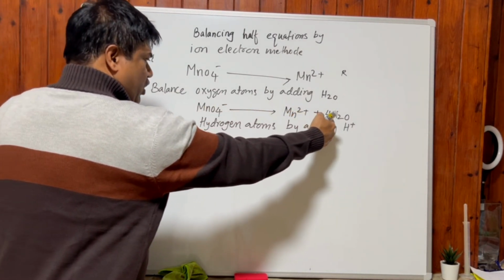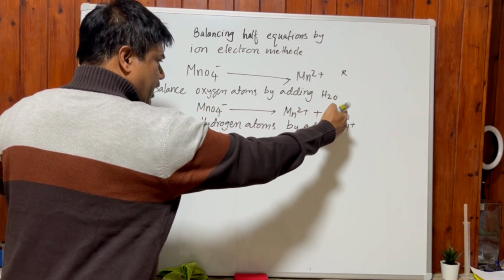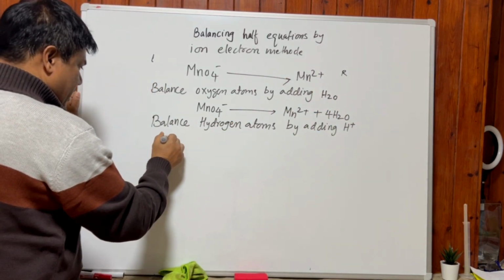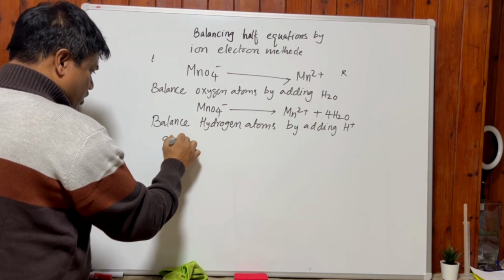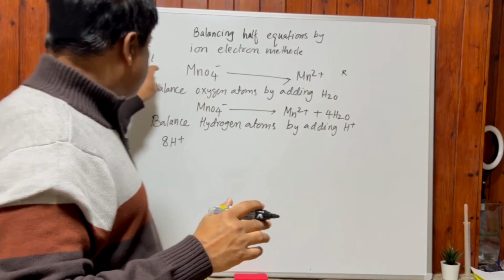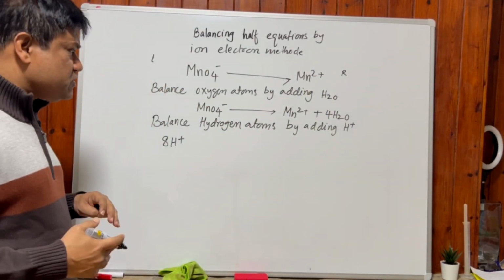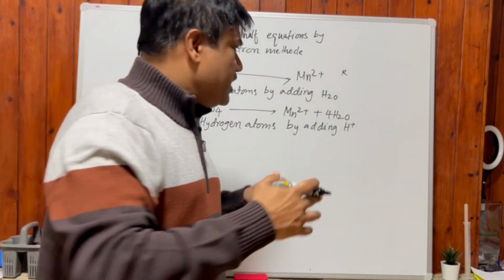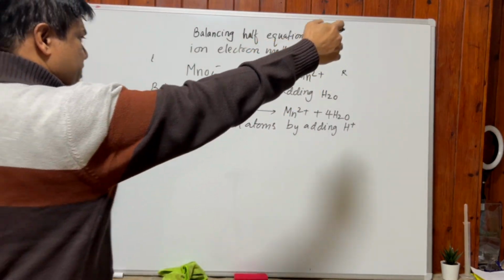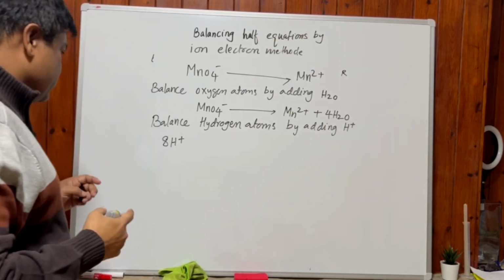How many hydrogen are extra on the right side? 8. Add 8H plus on the left side. There is no such right hand side and left hand side. For my convenience, to explain, I just arbitrarily took that as the right side and that as the left side.